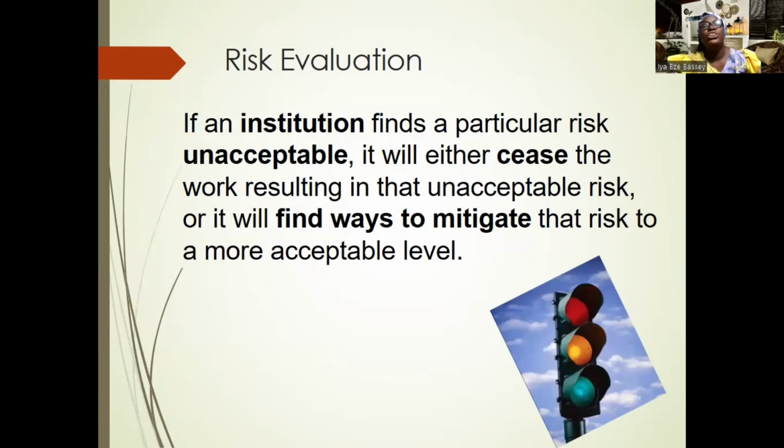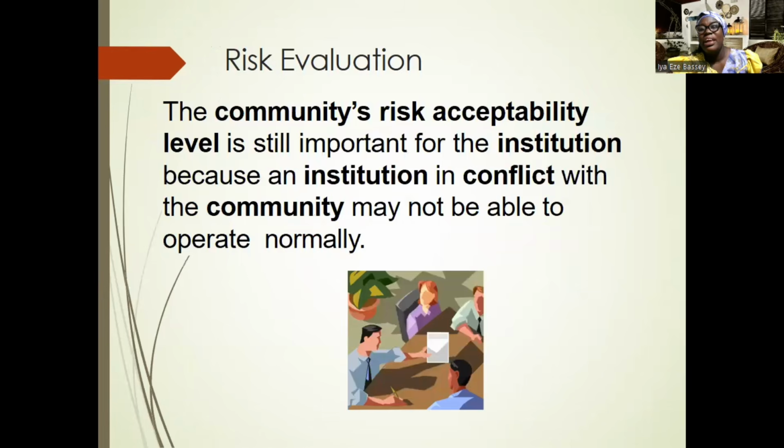So if an institution finds a particular risk unacceptable, it will either stop the work that is causing that unacceptable risk, or it will find ways to mitigate that risk to a more acceptable level. But even then, they have to make sure that the community accepts that particular risk, because community risk acceptability is important for the institution. If that institution stands in conflict with the community, it may not be able to operate.